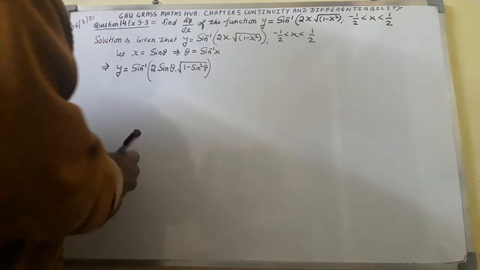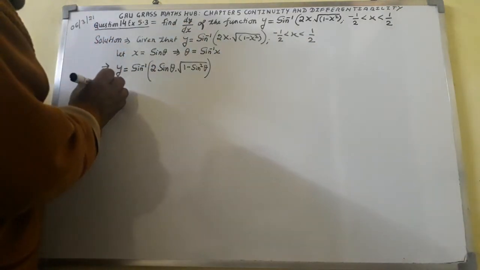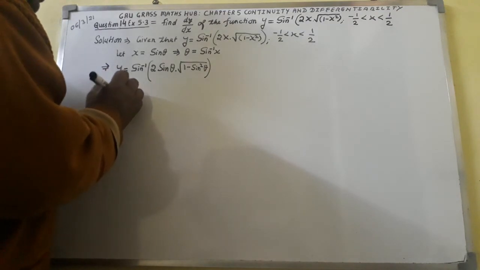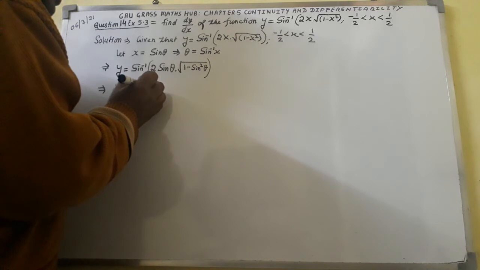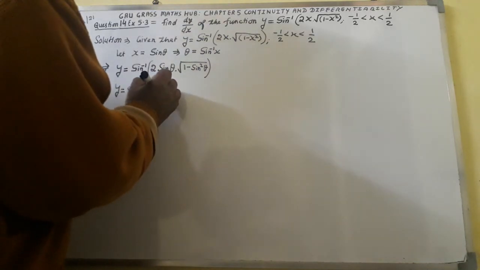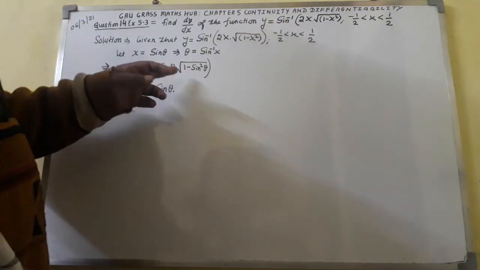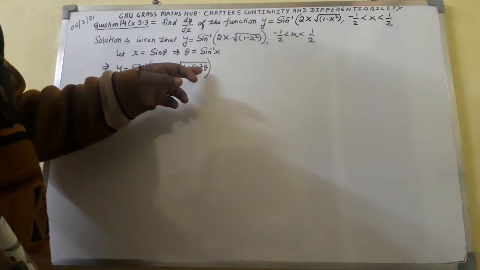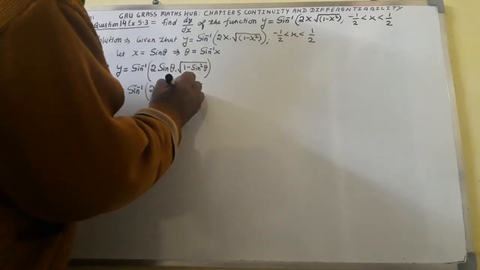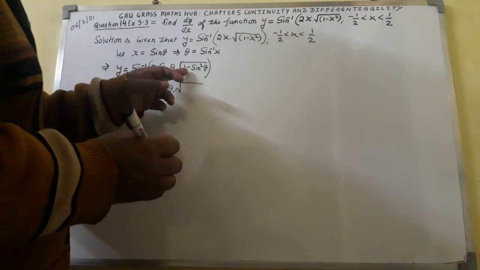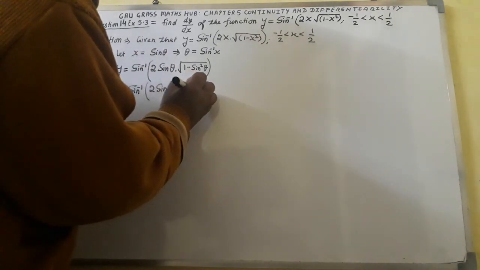Bracket close. Now y equal to sine inverse of (2 sine theta times under root 1 minus sine square theta), and under root 1 minus sine square theta comes out to be cos square theta.